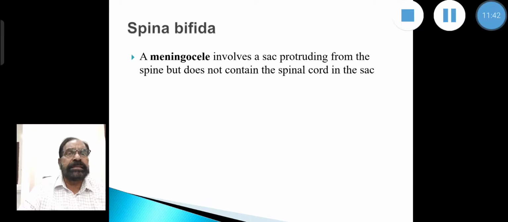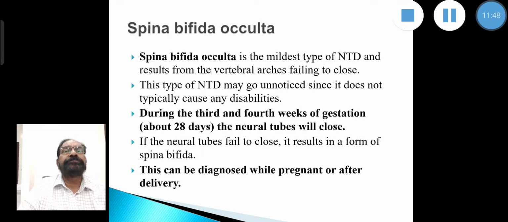Meningocele involves a sac protruding from the spine but does not contain the spinal cord in the sac. Spina bifida occulta is a mild type of neural tube defect and results from vertebral arches failing to close. This type may go unnoticed since it does not typically cause any disabilities.